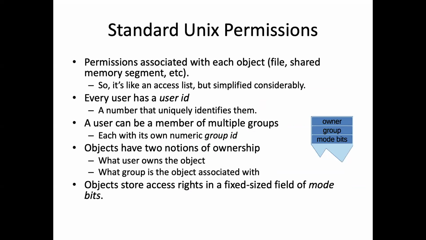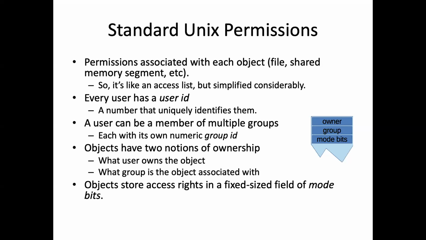And everything has these 9 permission bits associated with it. What can the owner of the thing do? What can a member of the group for that thing do? What can other users do if they're neither the owner of the thing nor a member of the group associated with that thing? And when I say thing, I mean file or semaphore or shared memory segment.